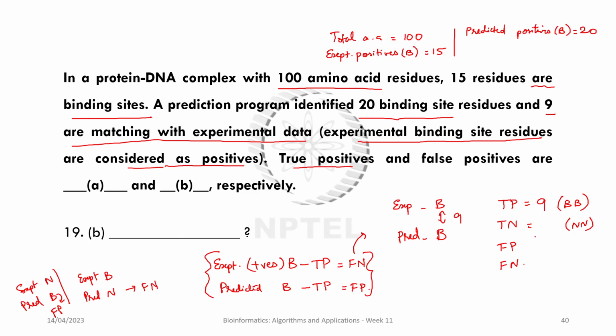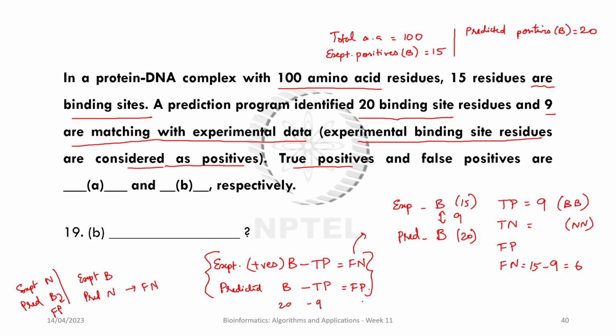right? So you have 20 B's in prediction and 15 B's in experimental, of which 9 are matching, which means there are 6 cases in total where there is B in experimental and N in prediction, which will give rise to false negative. So experimental B's are 15 minus true positives are 9, which gives me 6. Second case, predicted B's are 20 and true positives are 9.